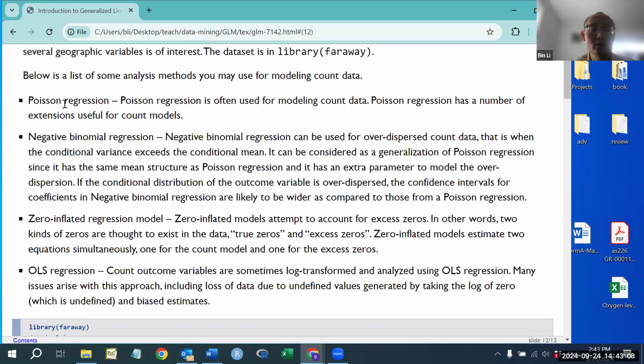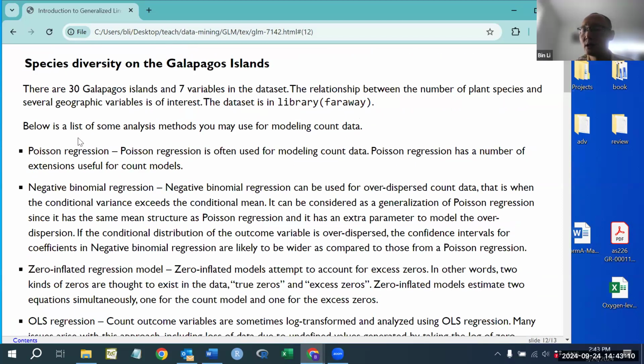Okay, so here we want to model the number of plant species through a bunch of explanatory variables. So obviously the response variable is a count variable, right? So we should not use logistic regression because that's not binary.